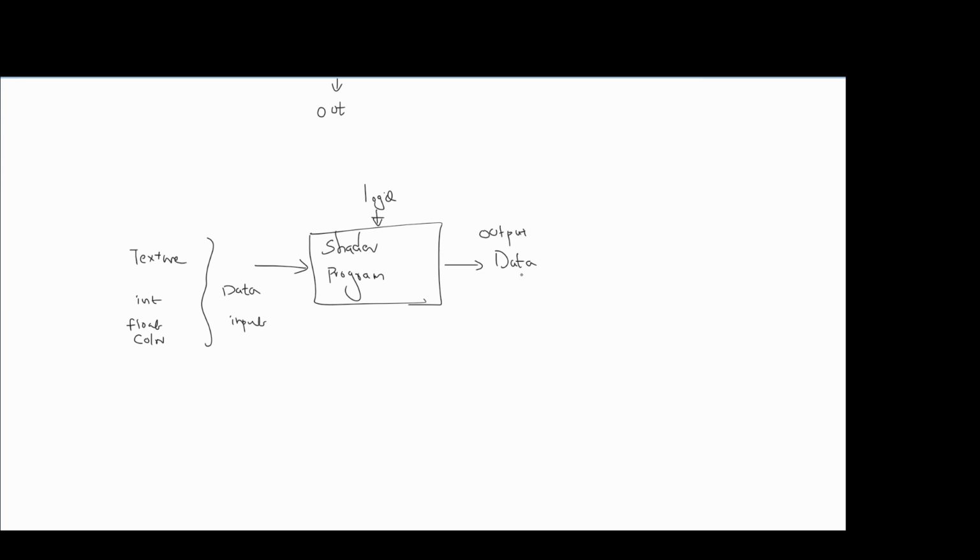So in the case of Unity, we cannot directly give this output data to an object. What we have to do is give this data to create a material, and then this material is attached to the object. So this is the workflow in Unity.